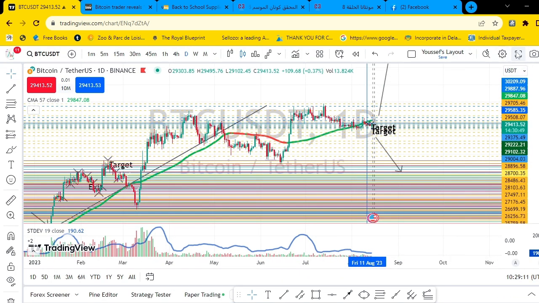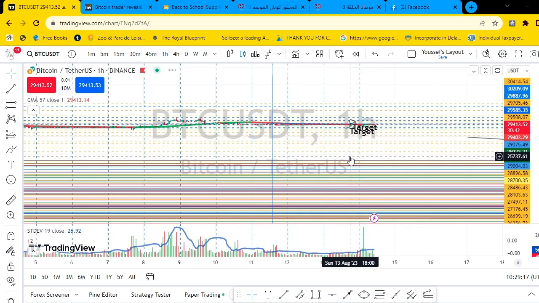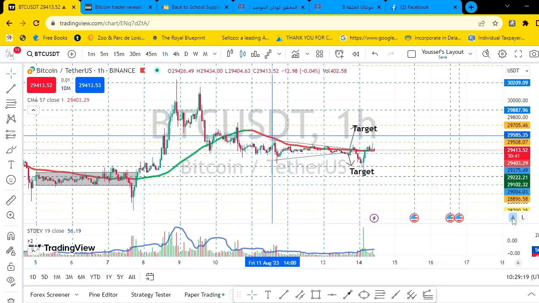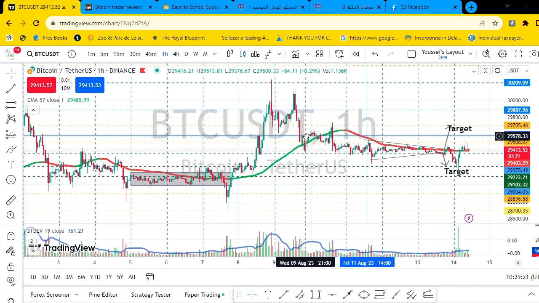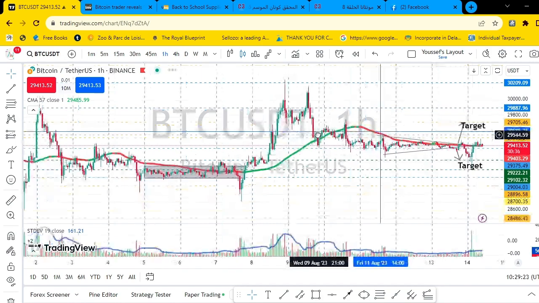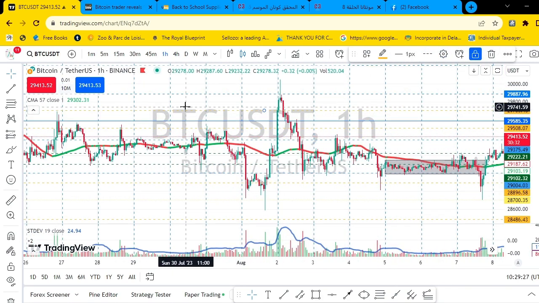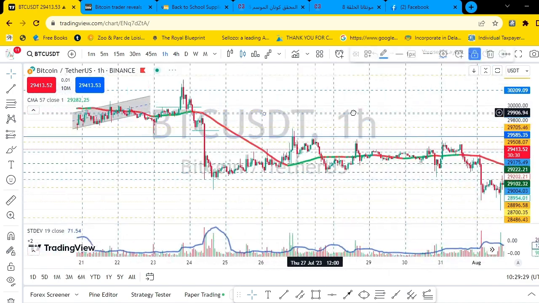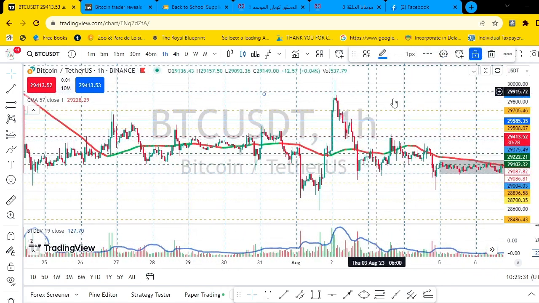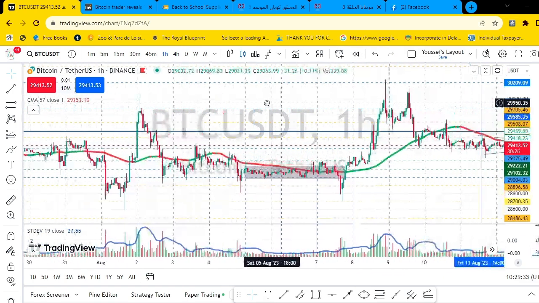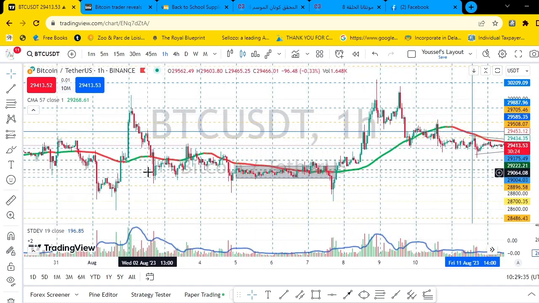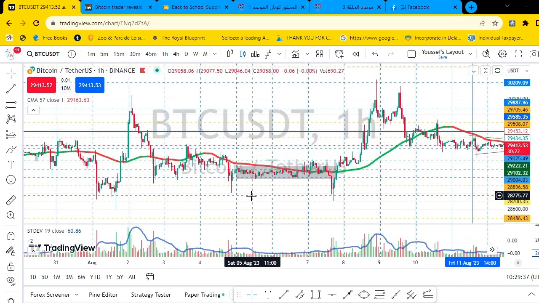So when you go back here to the 1 hour chart, you will see things differently. As you can see, Bitcoin is almost consolidating. It's a trading range from many days before.